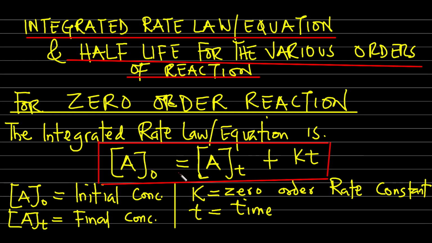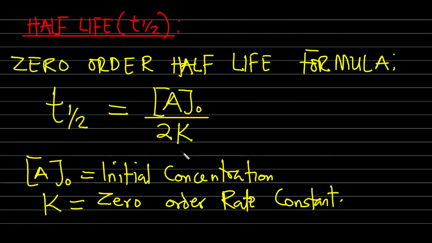It simply means that you may be given 3 among these 4 variables, and you're asked to solve for the remaining one. They will always give you 3 parameters, and you're to solve for the other parameter. We're going to look at first order, second order, and then afterwards we're going to start solving questions.